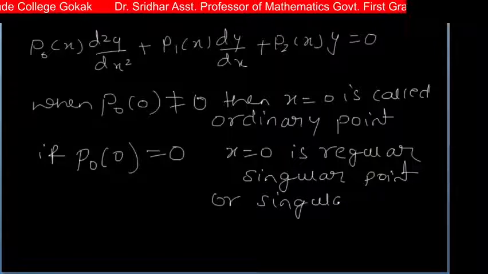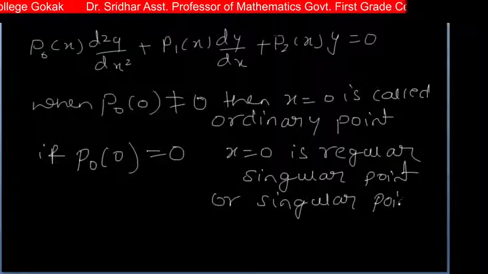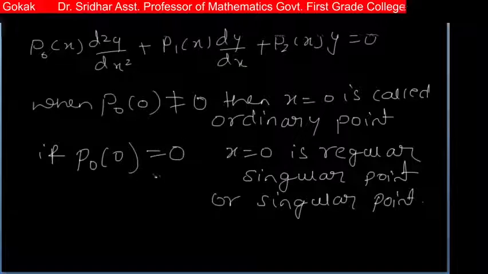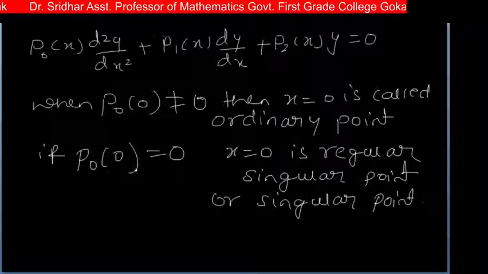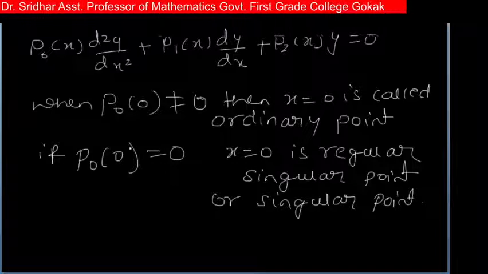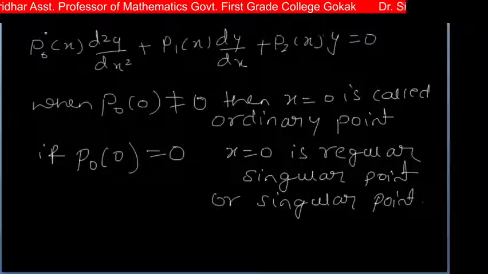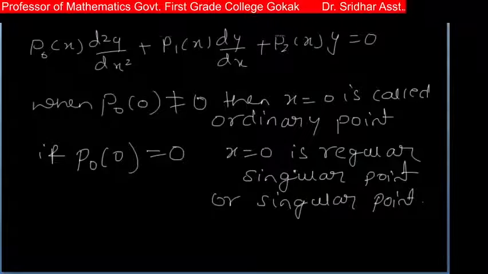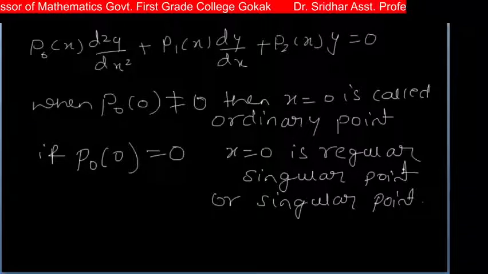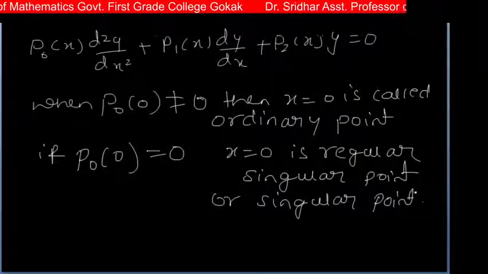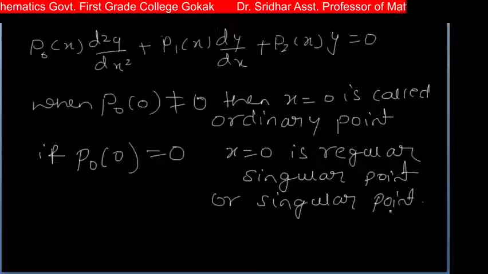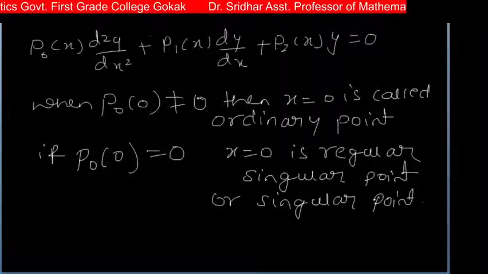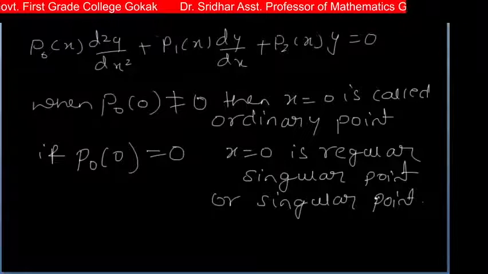That means when you substitute x equal to 0 in p naught of x, if that gives 0, then x equal to 0 is called a regular singular point or singular point. This is what we have studied in the last class.